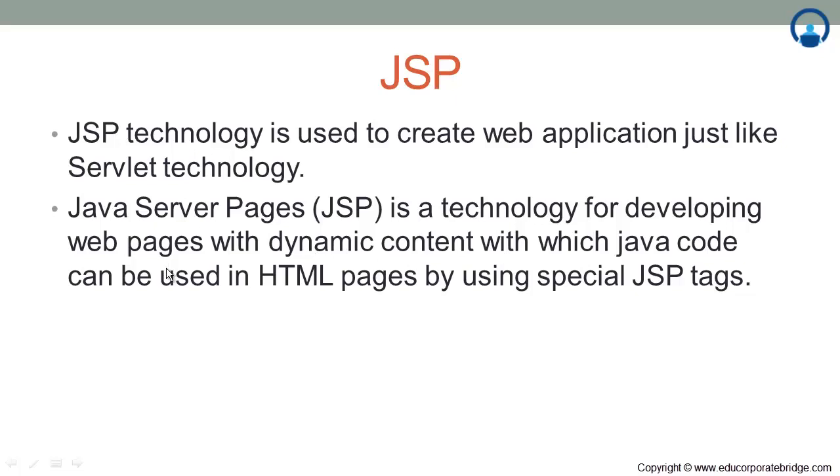Earlier in our servlet tutorial we coded many HTML files, and now we'll also write some Java code in that HTML file. The combination of that HTML code plus Java code gives birth to a new technology, that is JSP, Java Server Pages, and it makes pages more interactive, more dynamic.